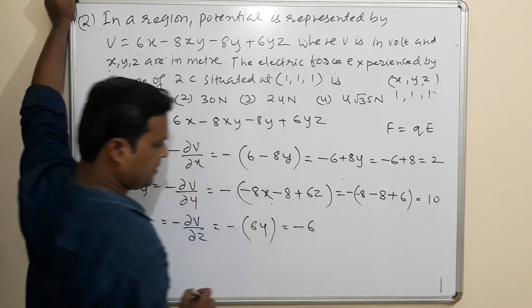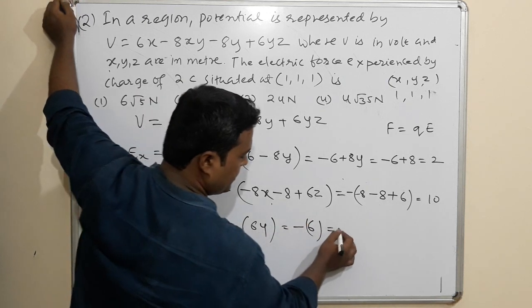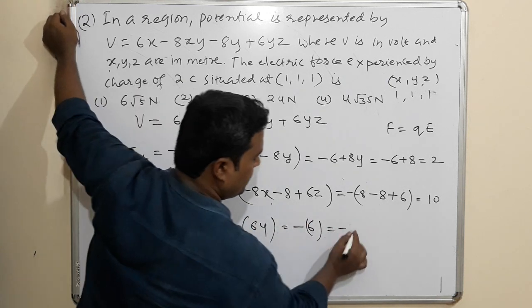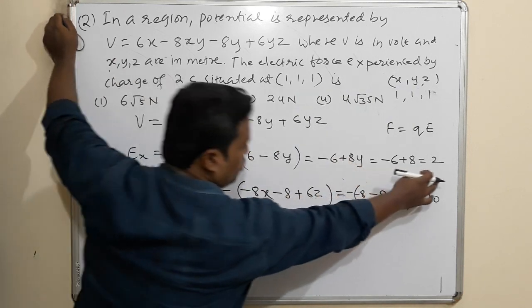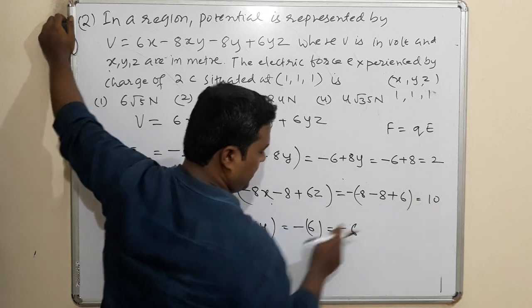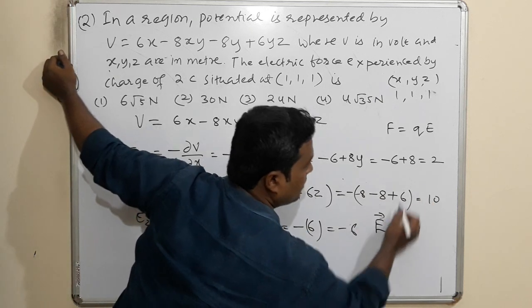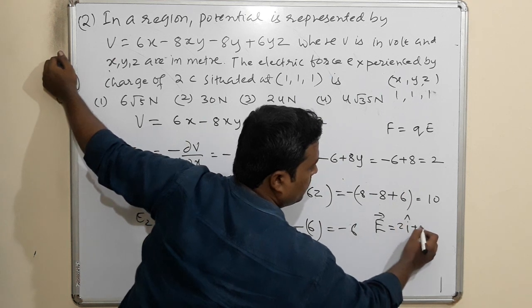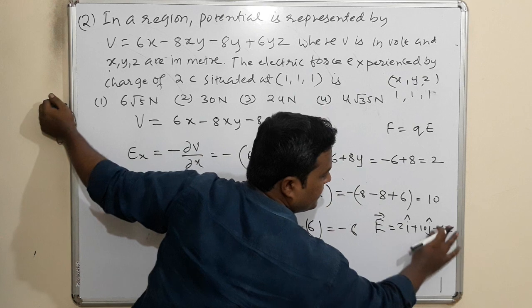Then it will be minus 6 into 1. Overall it will be minus 6. This is Ex, this is Ey, this is Ez. And now I can write the E vector as 2i plus 10j minus 6k.